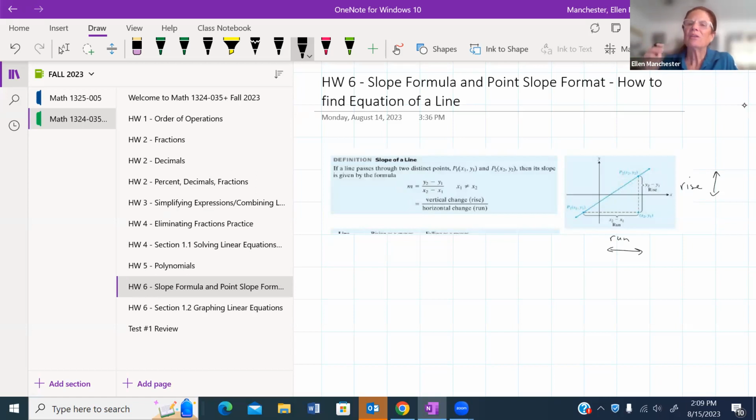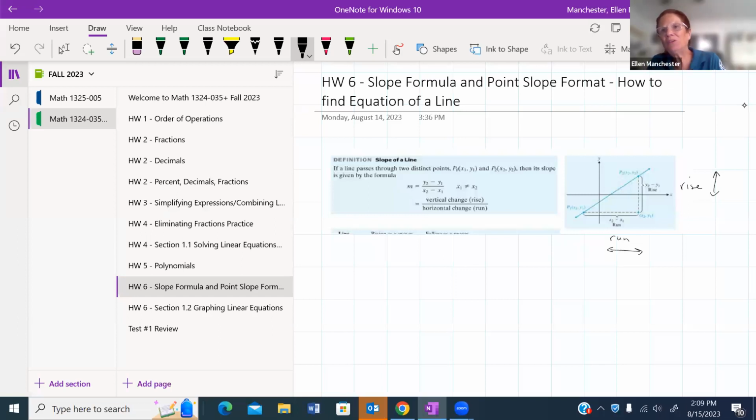The idea with slope is it has the same ratio of the rise to the run throughout the entire line. So it's a consistent rise or a consistent fall. That's what the slope of a line is.